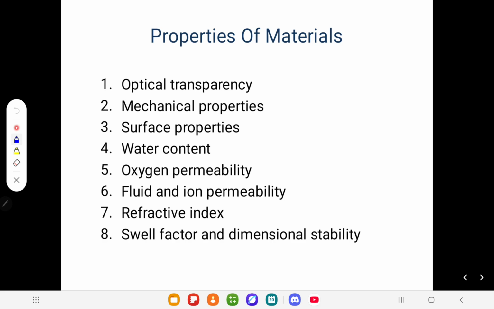So what are the properties of material that we really want to know? In the world of contact lenses, it's really important on what basis you select which material for a particular patient. For example, if someone is marginally dry, which material do you select?